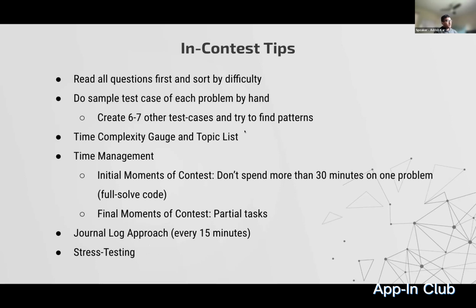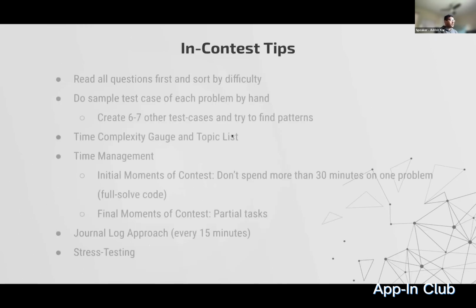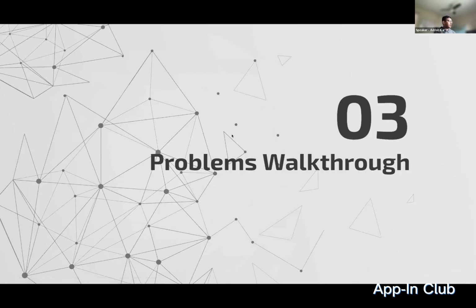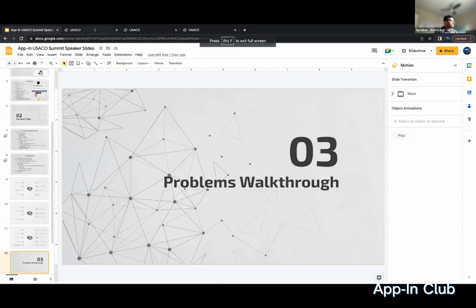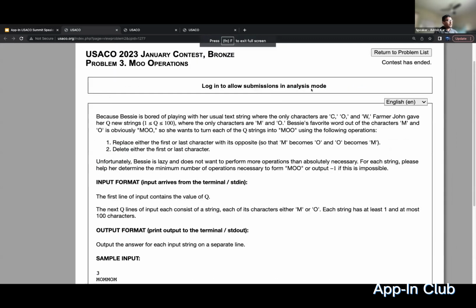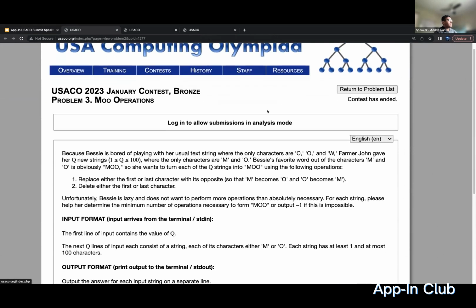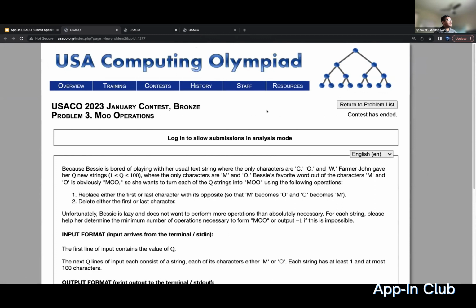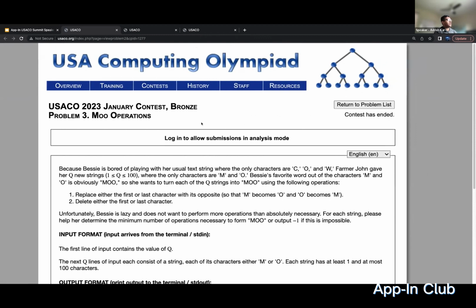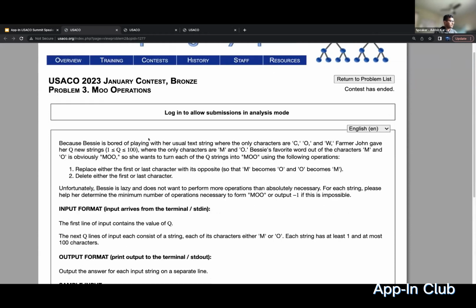So I think that's pretty much it for the contest tips. Now I'll be walking through some problems. The first problem I'll be walking through is the USACO 2023 January contest Bronze problem 3, Mu Operations.